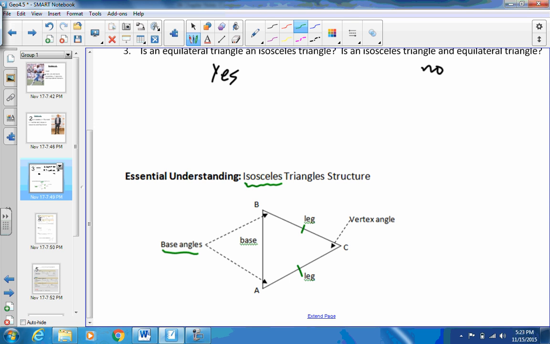So if we're looking at an isosceles triangle, we call the legs the two congruent sides, and the base would be the non-congruent side. All right, and the base angles then are the two angles that touch the base, and then the one other angle would be called the vertex angle, and that makes up the parts of an isosceles triangle.